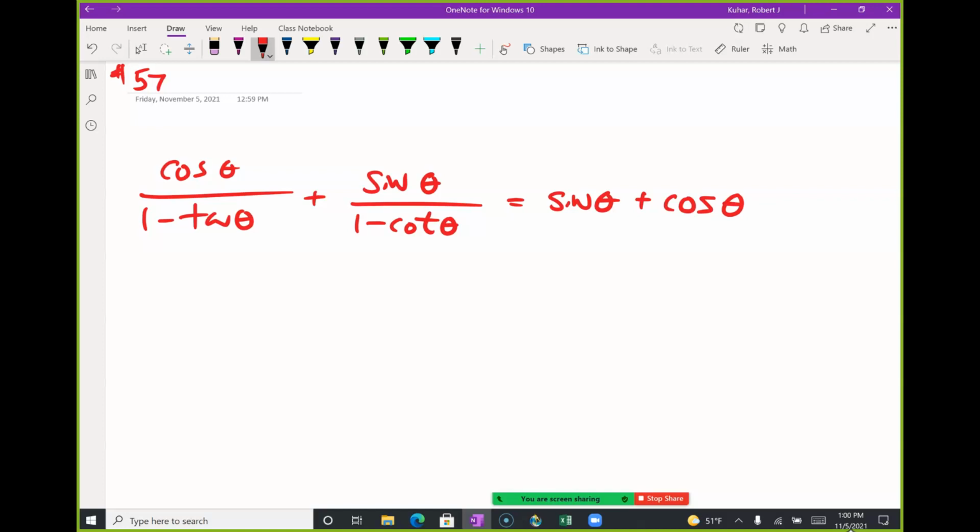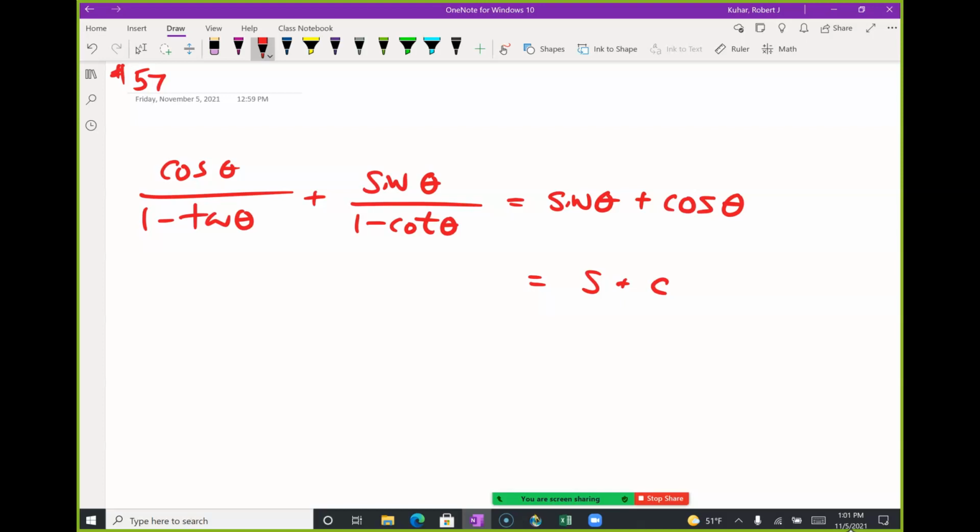I definitely don't want to start on the right-hand side because I have no idea what to do. I just get sine plus cosine. I don't know what to do on the right-hand side there. I mean, I can do a conjugate there. That's probably, if I had to try something, I could do a conjugate. So I said 1 plus or minus cos is a conjugate.